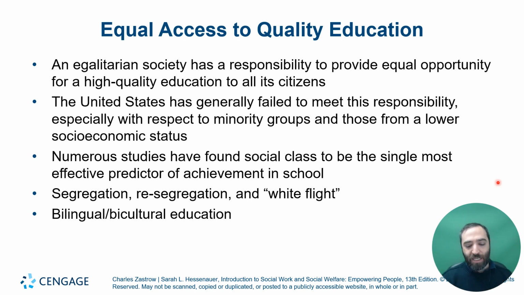Now they try to combine those by busing kids around. It's just that on an individual level, while parents might approve of it for other people's children, when it comes to their own children, it's different. For instance, take a white middle class family living in the suburbs of Chicago. They might like the idea of integration, but when their child gets put on a bus and driven to a school that is primarily African American, the parents realize, wait a minute, this school they're being bused to is inferior in terms of test scores and safety than the school in their neighborhood.